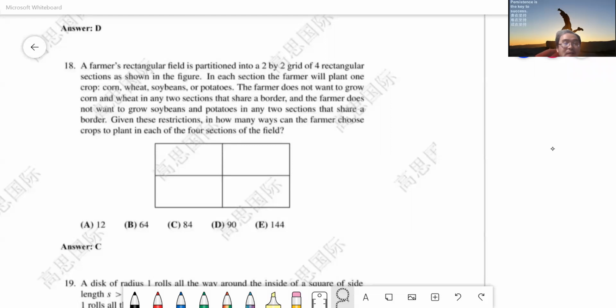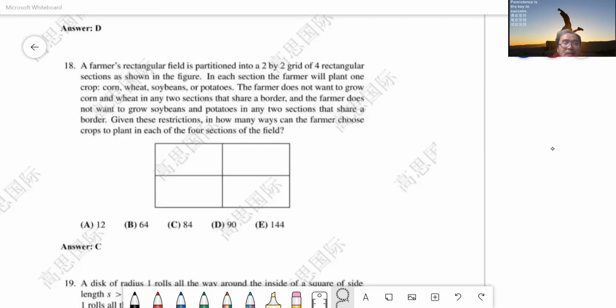Question number 18. A farmer's rectangular field is partitioned into 2 by 2 grid of 4 rectangular sections as shown in the figure. In each section, the farmer will plant 1 crop: corn, wheat, soybeans, or potatoes. The farmer does not want to grow corn and wheat in any 2 sections that share a border.